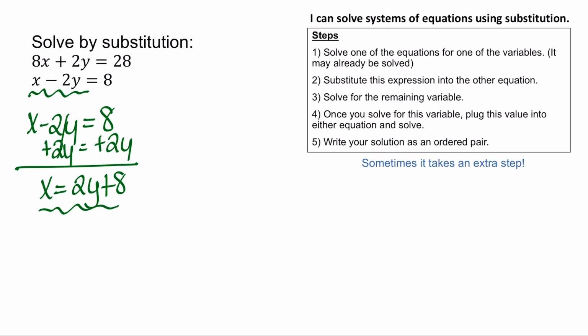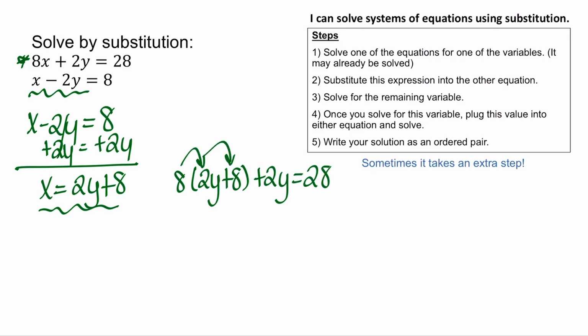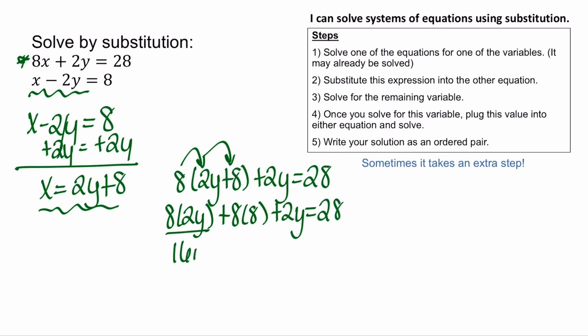So I'm going to take this and plug it into this first equation. So I get 8 times 2y plus 8 plus 2y equals 28. I'm going to start off with the distributive property. So I have 8 times 2y plus 8 times 8 plus 2y equals 28. 8 times 2y is 16y plus 8 times 8 is 64 plus 2y equals 28.